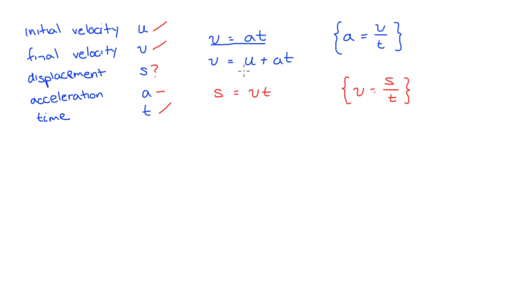Now, again, we have to consider if the object or the thing in motion had an initial velocity. If this is the case, then we have to take an average between the initial velocity and the final velocity. So that will give you s equals (v plus u) over 2, times t.